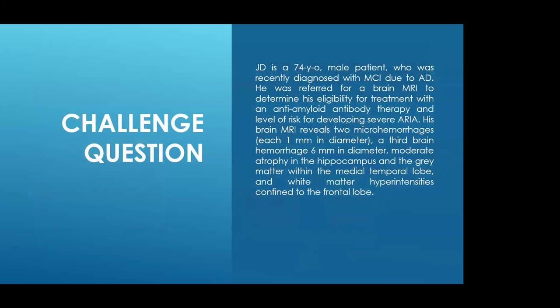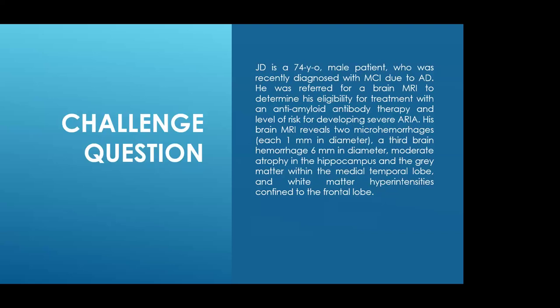Let's see this question now that we're getting a little bit more into the topic. A 74-year-old male patient, recently diagnosed with mild cognitive impairment due to Alzheimer's dementia, referred for a brain MRI to determine his eligibility for treatment with an anti-amyloid antibody.